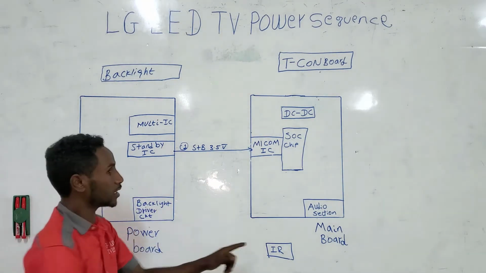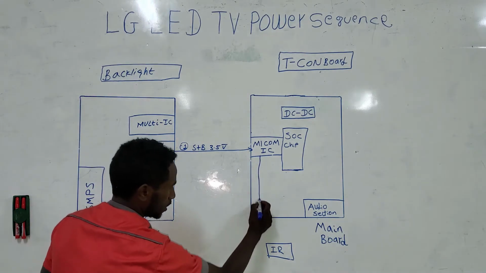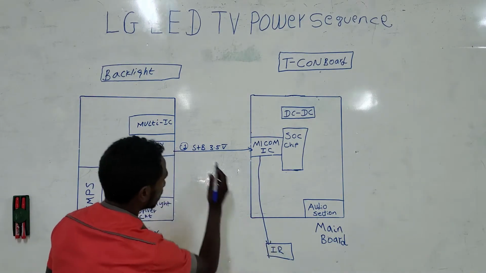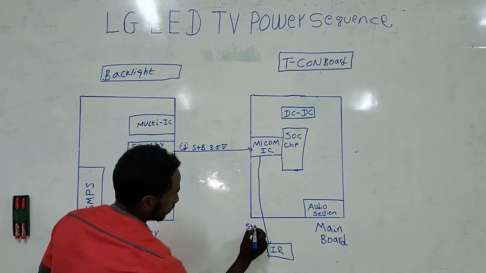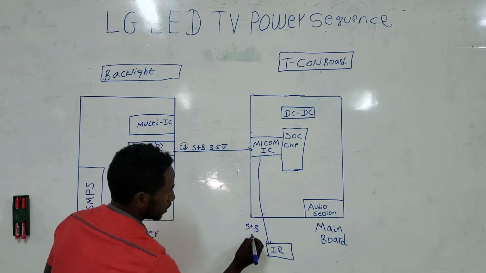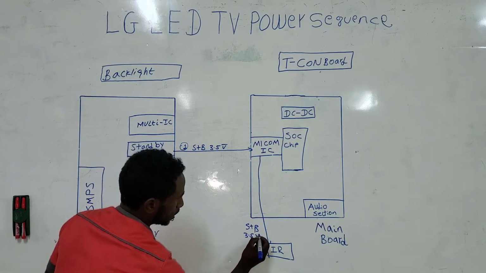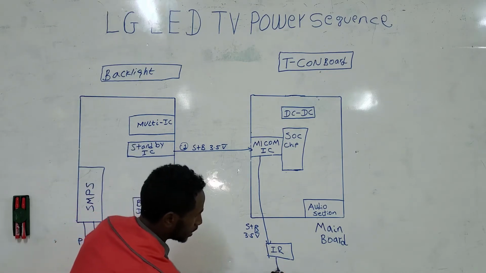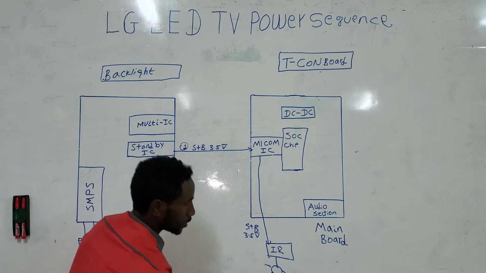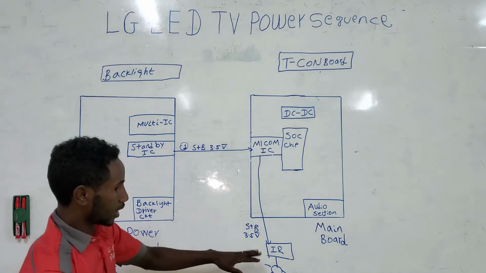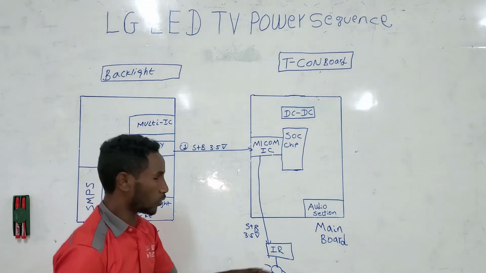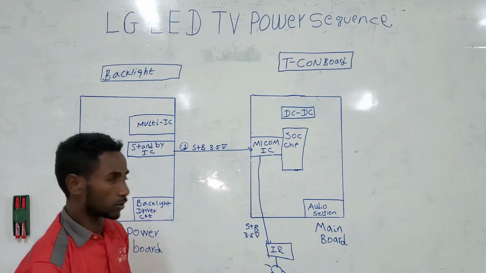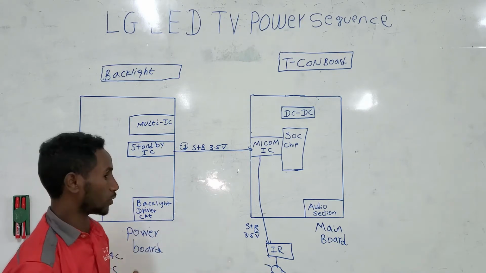So when the MICOM IC receives this standby voltage, the MICOM IC sends this voltage directly to the IR, which is 3.5 volts DC. So when the IR receives this voltage, the LED at the IR point will be bright. We have a key, or we will use the remote, to turn on the television.